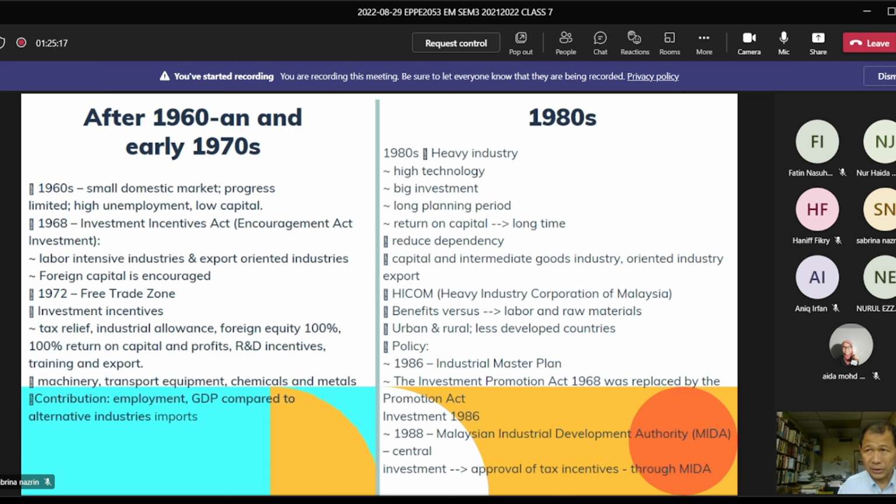So he began with HICOM, 1983, 1985, and then Proton Saga. So 1986, PR came. PR, Promotion of Investment Act.